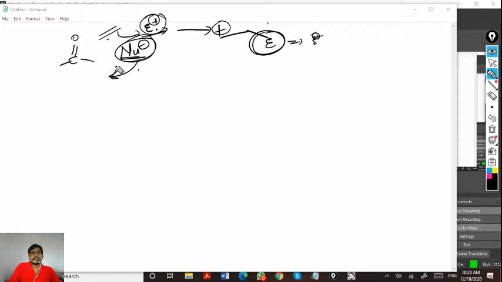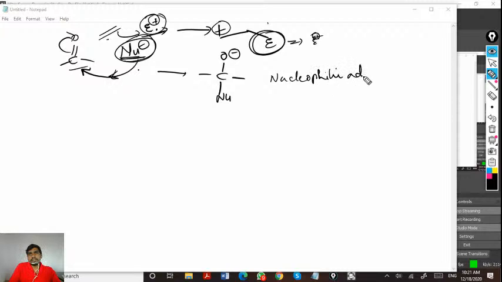When a carbonyl carbon is treated with a nucleophile, it results in the addition product. This type of reaction is called nucleophilic addition reaction.